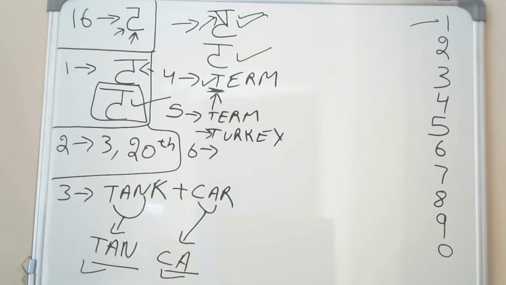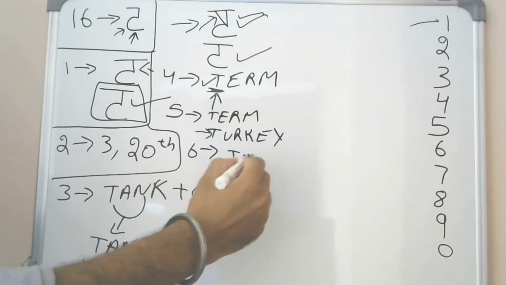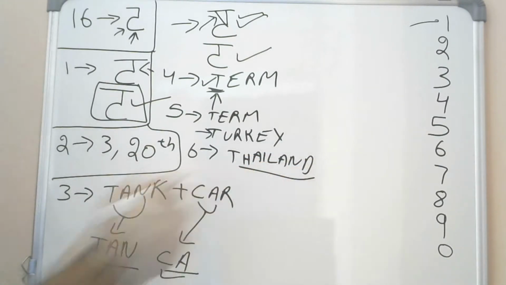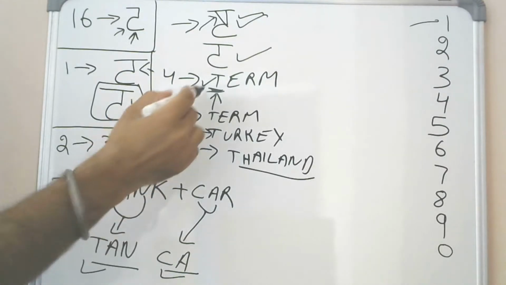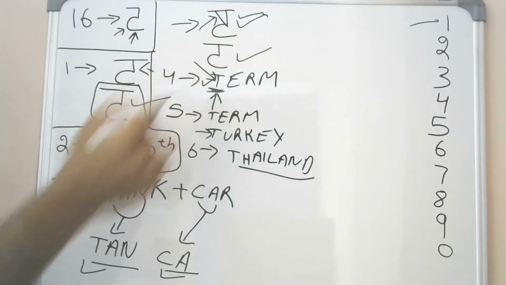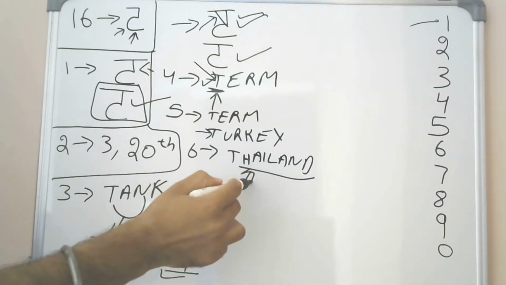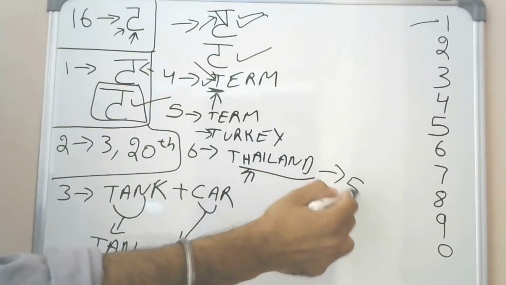The example for this can be this country, Thailand. If you say Thailand with this letter's sound, then this will be an example of this letter, so it will become your fifth step.